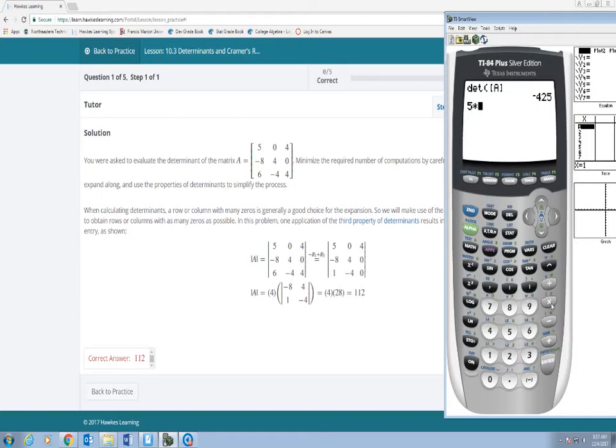So I'm going to say 5 times the determinant of, I'm going to go back into the matrix, go to edit, 2x2. I'm going to type in these 4 numbers, 4, 0, -4, and 4.